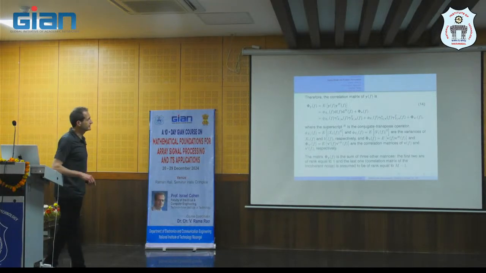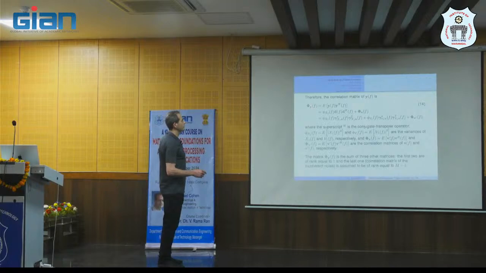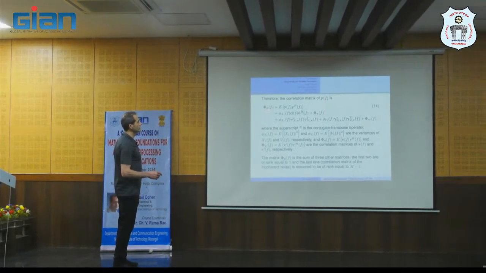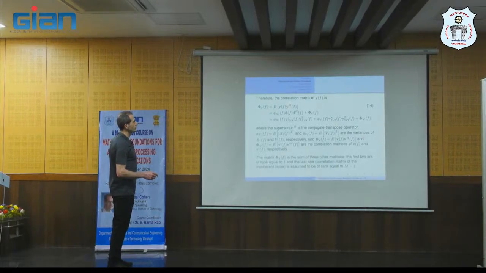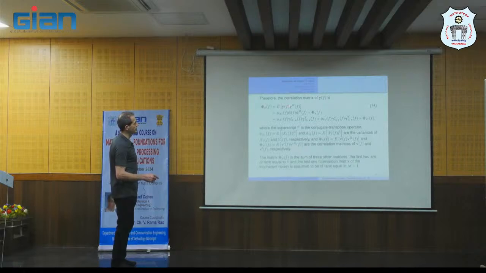Now we compute the correlation matrix of the vector y. Because we work with complex numbers, in the time domain we put a transpose, but here we have the complex conjugate transpose, the Hermitian transpose. And the expectation is composed of three components from the previous equation.